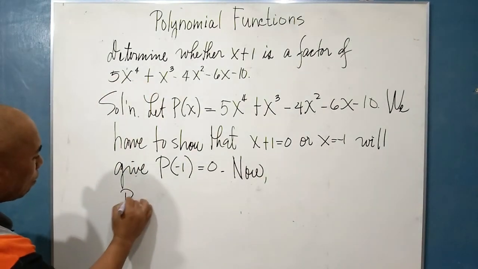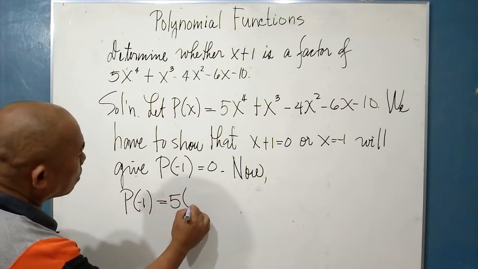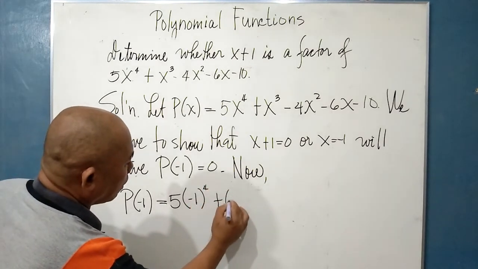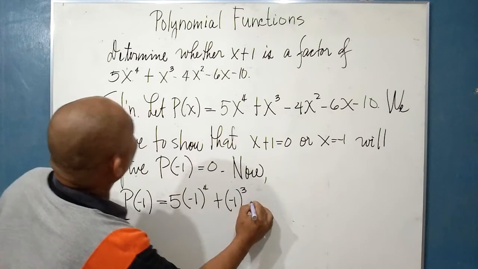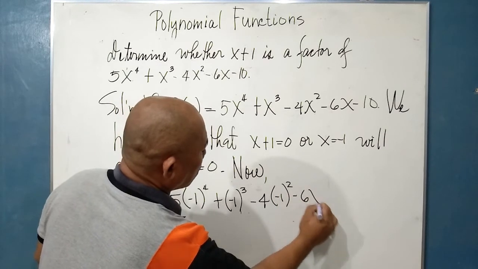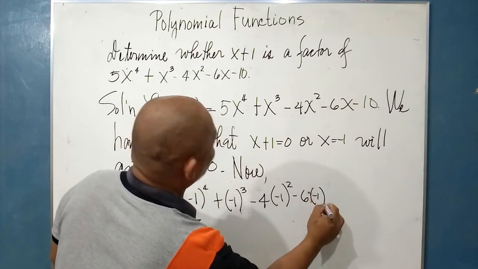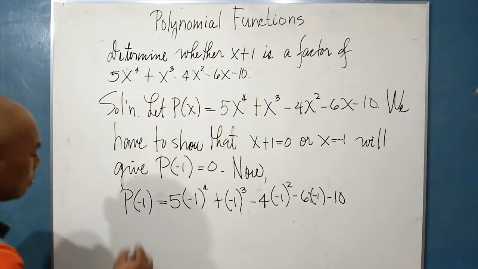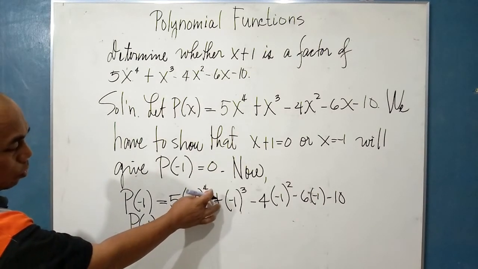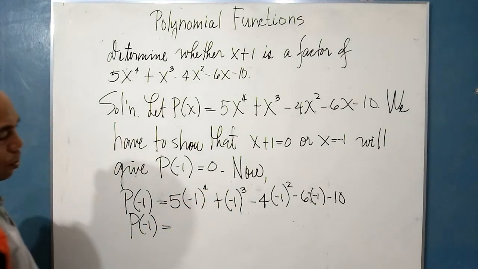So, dire p of negative 1 equals 5 times negative 1 to the 4th power plus negative 1 to the 3rd power minus 4 times negative 1 to the 2nd power minus 6 times negative 1 minus 10. So we have p of negative 1 equals negative 1 raised to an even integer, positive. So 1 na siya.